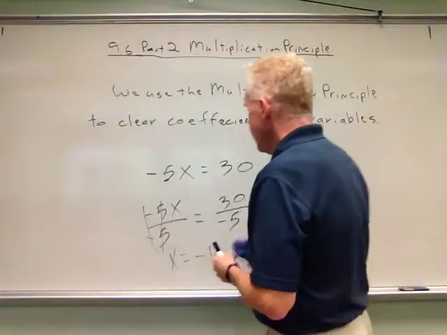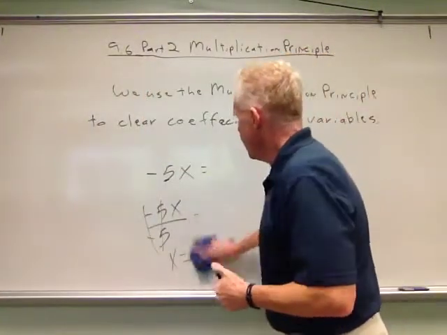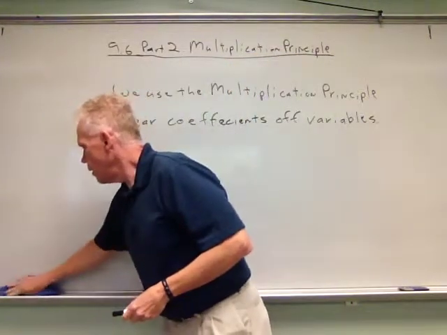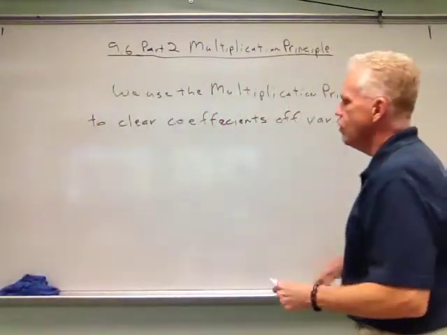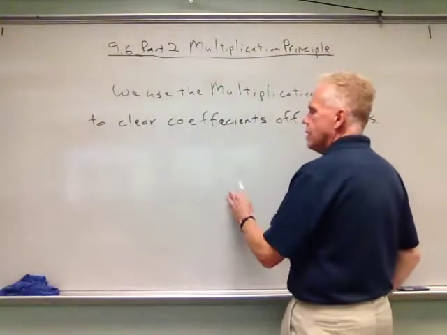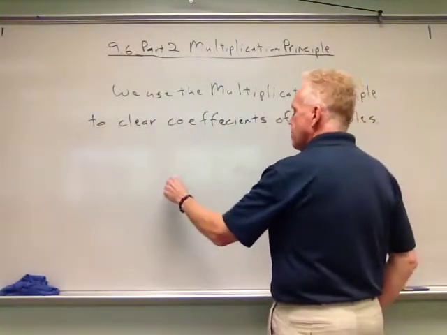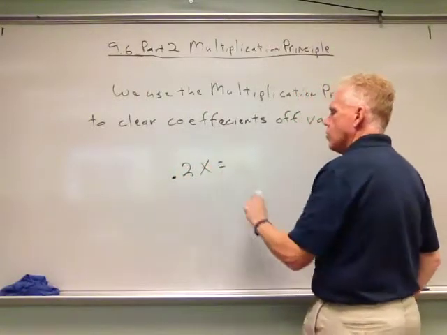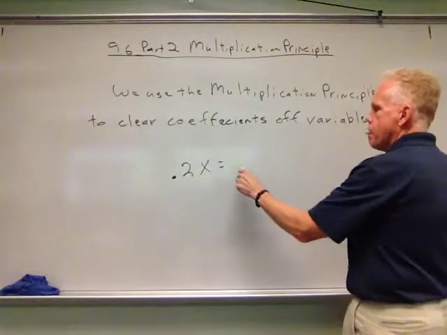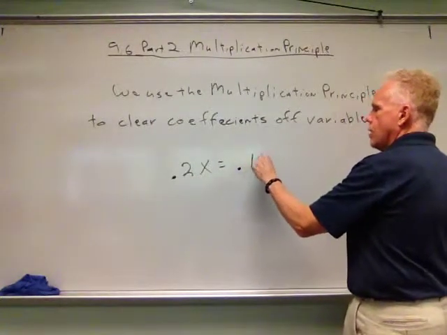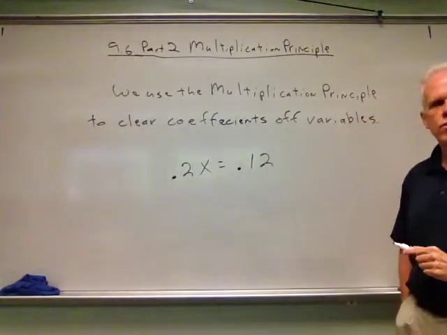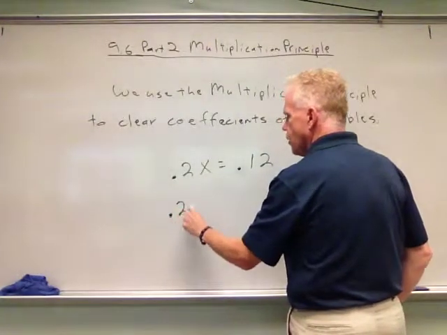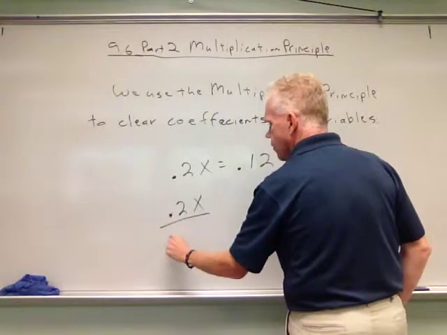Same thing is true if we're dealing with decimal coefficients. Let's say I had 0.2x equals 0.12. Well, I would take the 0.2 coefficient and divide it off.